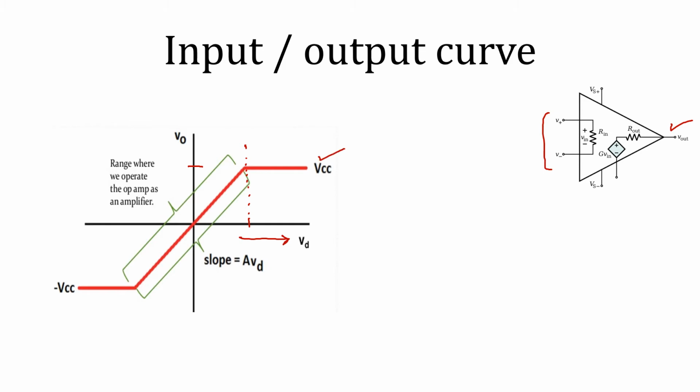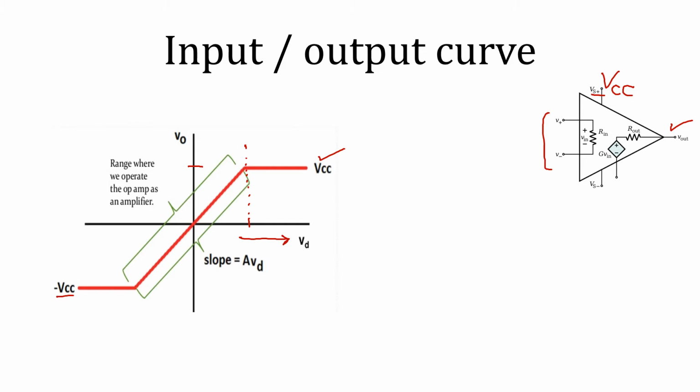Whatever is written here as Vs, that is the supply voltage, and in transistor terminology we denote this as the collector voltage. So this is called VCC. This VCC means power supply on the positive side. This negative VCC means power supply connected to pin number 4.